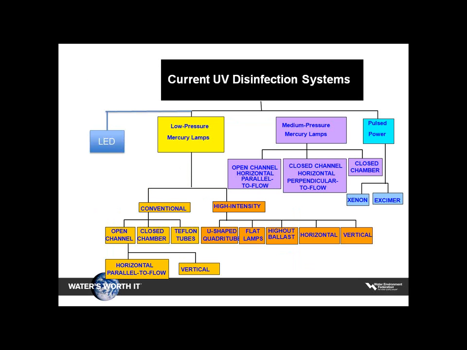There are a very large number of UV systems that exist. If I remember correctly, even as early as 1930, medium pressure systems were being used for disinfection.